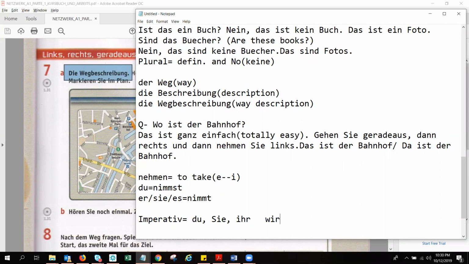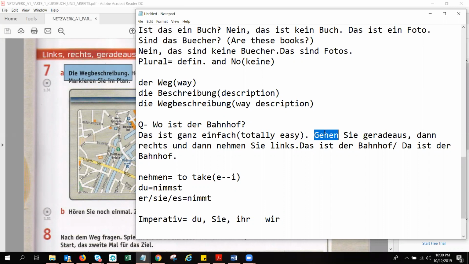Like let's go, let's dance. In imperative sentences in German we use the verb on the first position. And whenever you are using the verb on the first position, and it is not a question, this is an imperative.